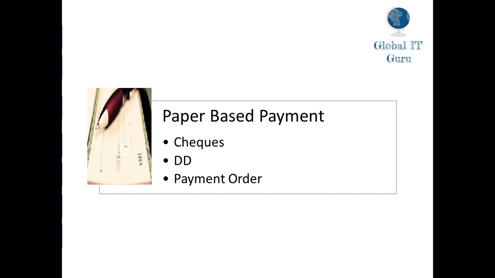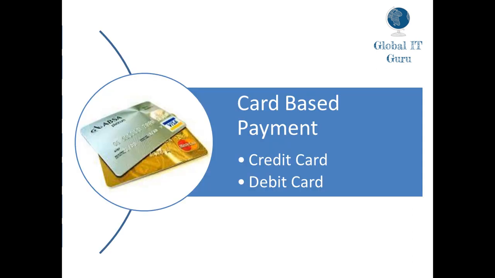Now we move to the next payment type, card based payment. We have two types of card based payment: credit card and debit card. So what is a credit card and what is a debit card?